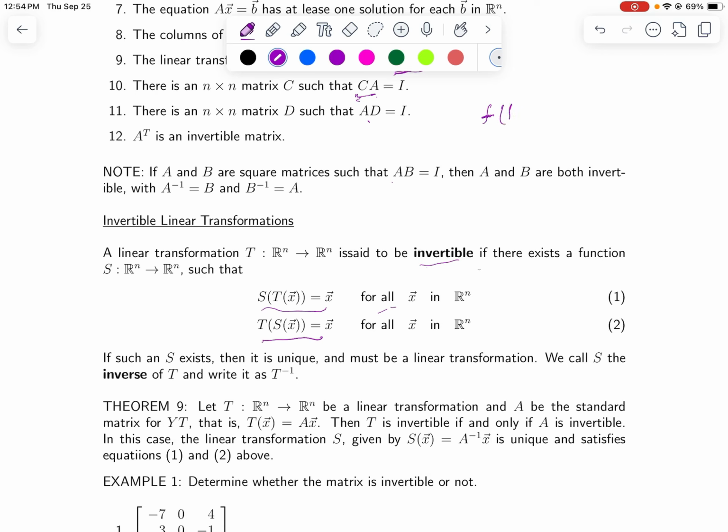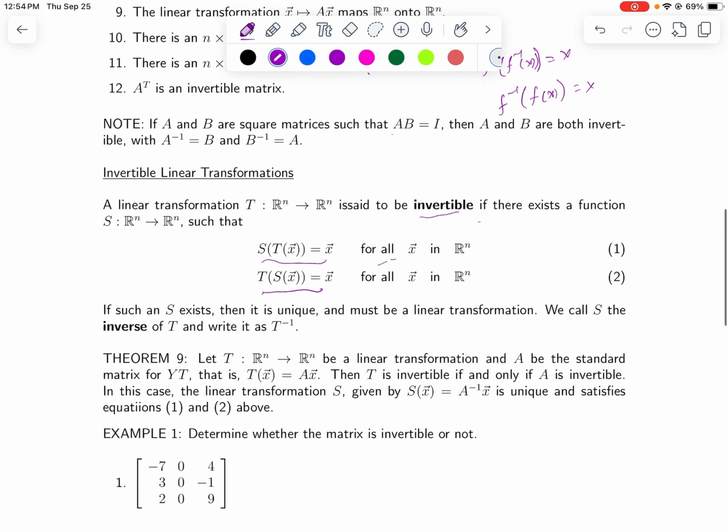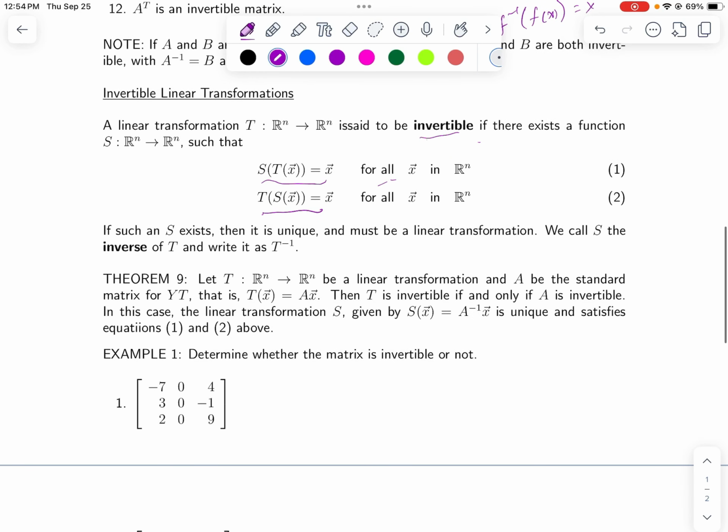If you recall, this follows the definition of a function and its inverse. If you have a function f and its inverse can be found, then f of f inverse of x gives us back x, and similarly f inverse of f of x gives us back x.